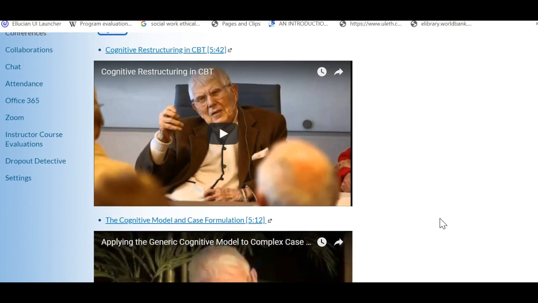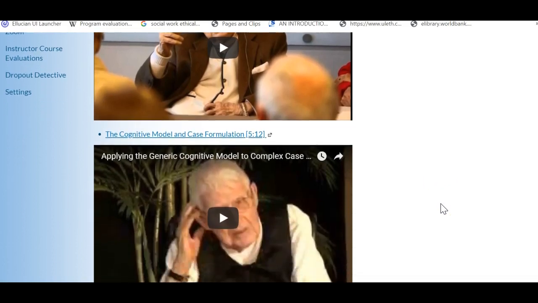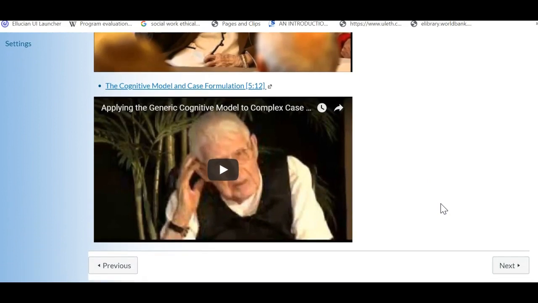These are both excellent, very clear in terms of understanding cognitive restructuring, as well as a cognitive model to case conceptualization. Please take the time to look through those and maybe go through them twice to aid in your understanding.